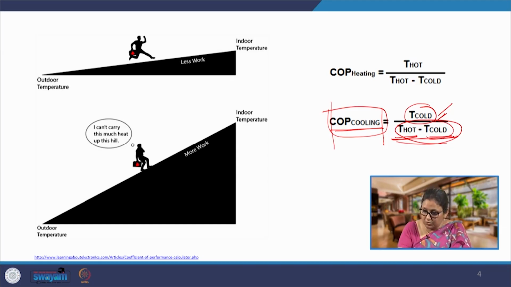If this temperature is lower, we will have this value as higher, which implies that the COP will get affected directly, but the T cold here also will change. So, if we reduce the set point temperature, lesser cooling is required, or if the set point is higher in case of cooling and lower in case of heating, we will reduce the energy consumption and directly calculate the carbon emissions.